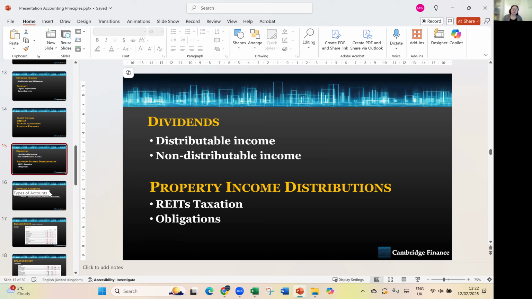Okay, so these are things that we need to know. The property income distribution means that you need to recognize what is the distributable income, what we call PIDs, in terms of what needs to be distributed, what will count as a PID that needs to be distributed at a rate. I think now it is around 95%.